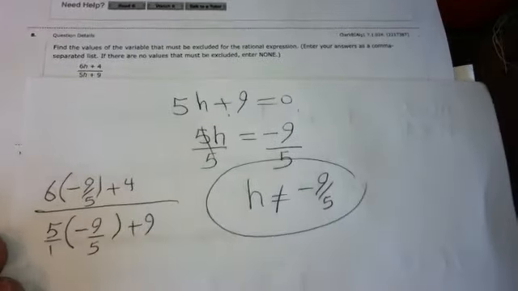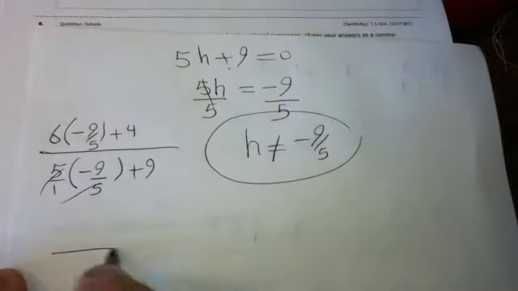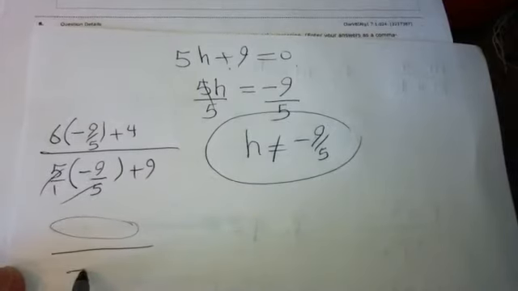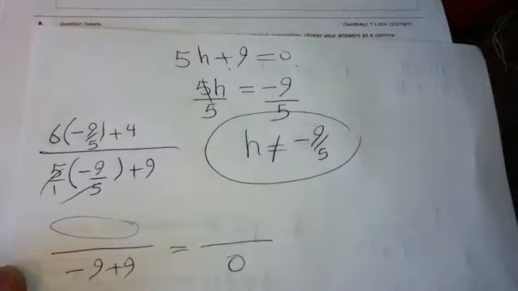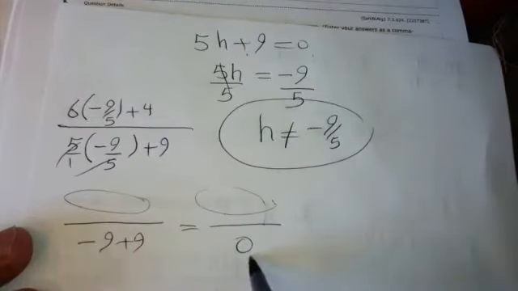Okay? This 5 and 5 cancel. I don't care what I have at the numerator. At the denominator, I see I have 0. Regardless what you have at the numerator, the denominator cannot be 0 because it is undefined.